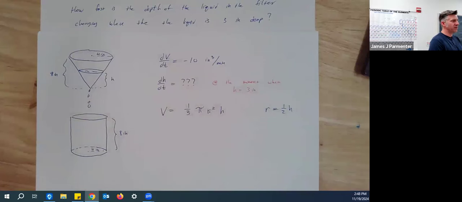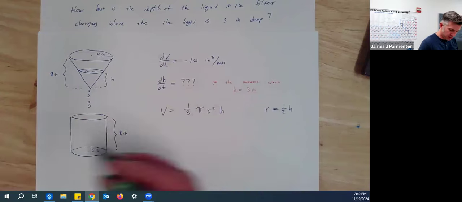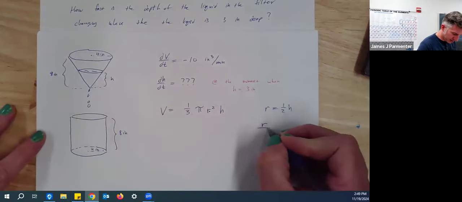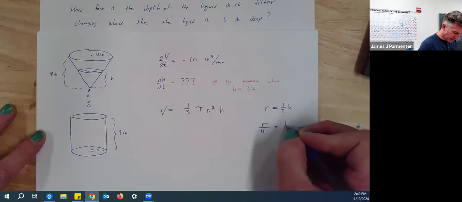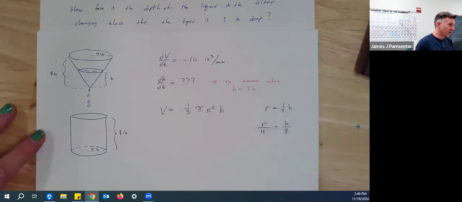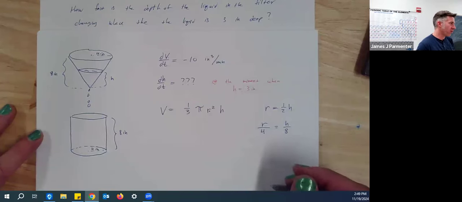There are other ways to do this, but if you look at the radius and height of the big cone and see the proportion, that is also true for any other radius and height. You could also say the radius is to the radius as the height is to the height, and then solve for r. You get the same thing. r equals 4/8 times h, so r is 1/2 h.